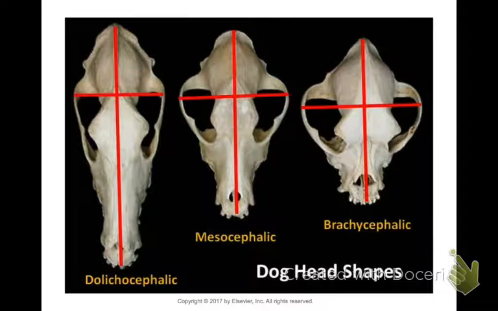And these have resulted from selective breeding throughout history, as dogs were domesticated and began to be bred by humans for certain physical characteristics, so the way they looked, or maybe an ability like being able to smell better than another animal, or another type of dog. So based upon selective breeding, these different skull shapes have emerged.